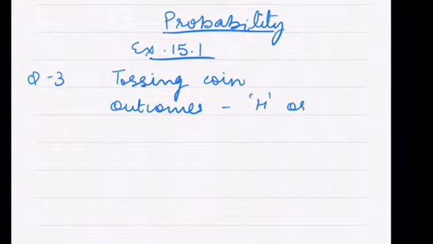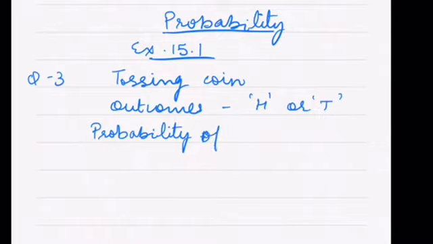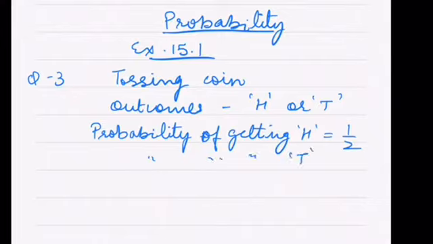It will be either heads or tails. Now, we know the formula already, so probability of getting heads will be equal to 1 by 2 because total outcomes are 2 and favorable outcome is 1. We already know the formula. And same way probability of getting tails will also be equal to 1 by 2, right?